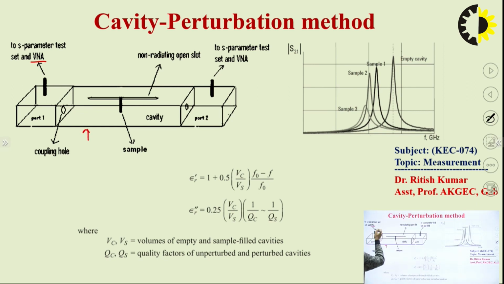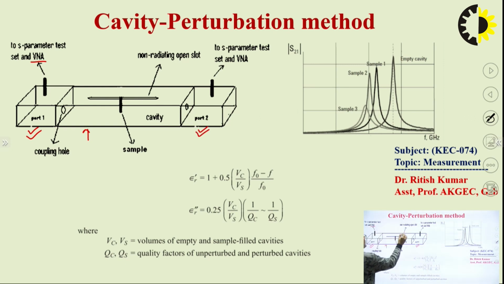The cable that comes from the VNA is coaxial cable, so at the input side and output side we need a coax to waveguide converter. This is one coaxial to waveguide converter, and this is another.